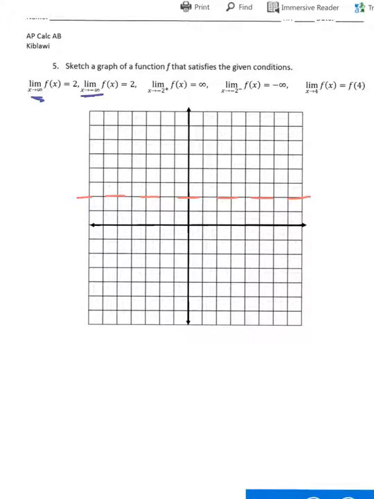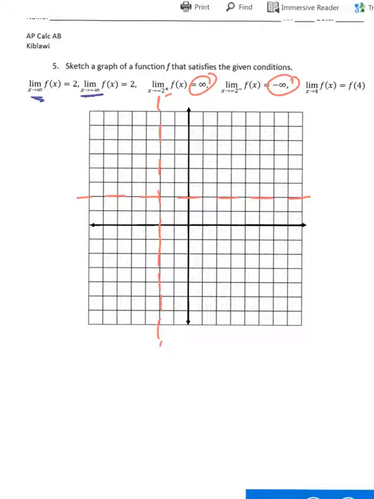Limit as x approaches numbers and they equal infinity or negative infinity, that means you have a vertical asymptote. So at negative 2, I'm going to have a vertical asymptote. Got it? And now look at what it says here.